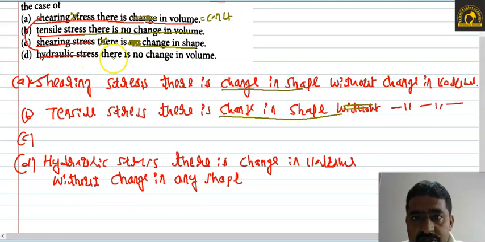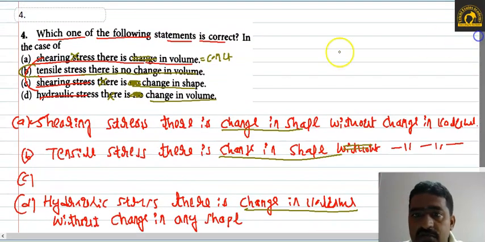Then hydraulic stress, there is no change in the volume? Hydraulic stress means change in the volume, so this is also an incorrect statement. Now the answer for this question: option B is correct.